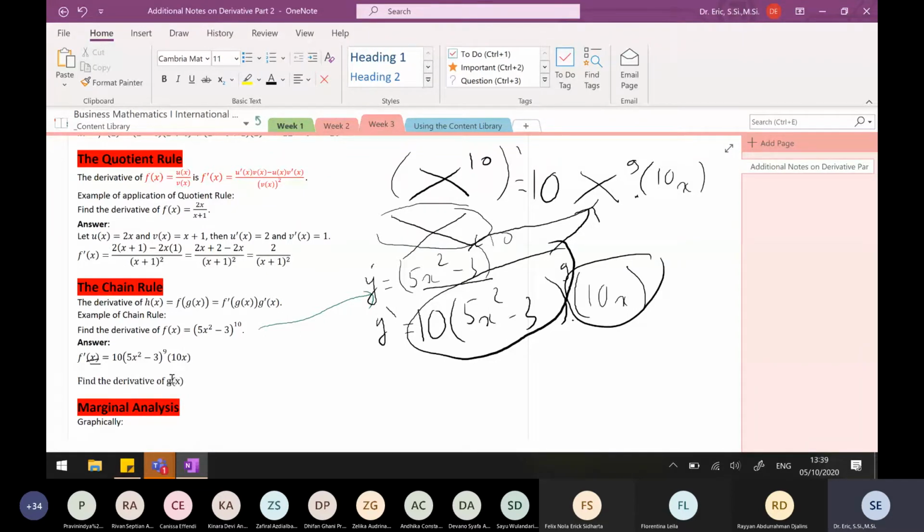Okay, thank you. So I want to find the derivative of this, Raka Fatin. x squared minus 3x plus 1 to the power of, what do you suggest, Raka? To the power of what?